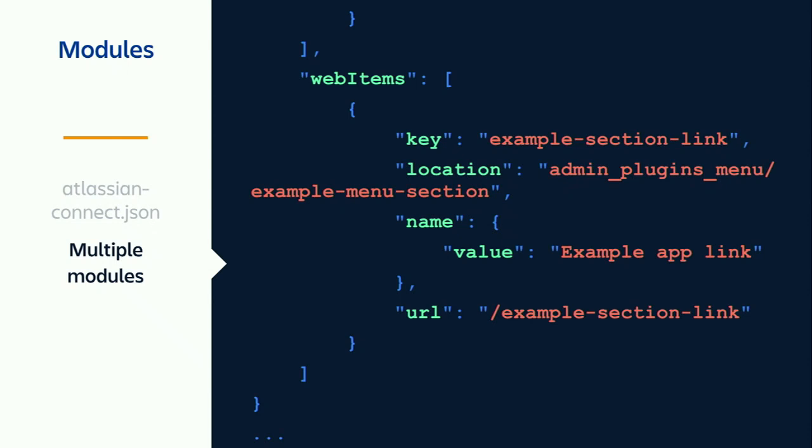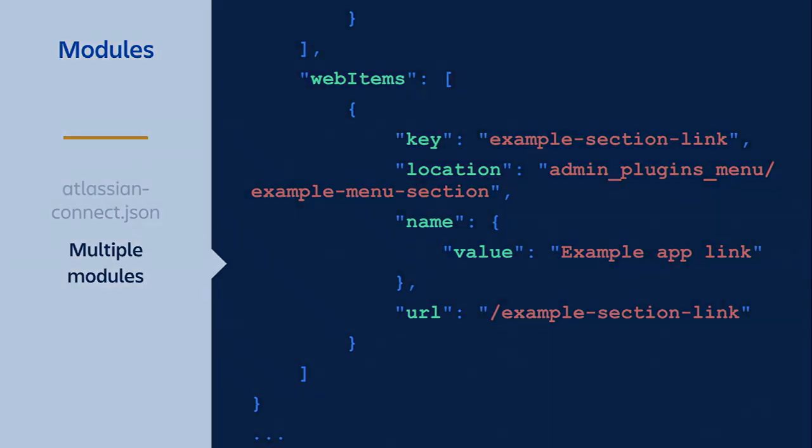Its location is also the admin plugins menu, but it's the example menu section, which is the key name of our web section. So this web item is actually going into the web section that we defined earlier. When they click on this web item, it will go to that URL, example section link. So just an example of how these modules could potentially work together and how you need to add them into your descriptor.